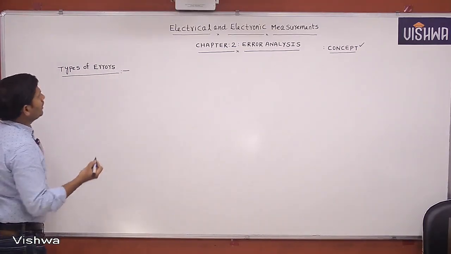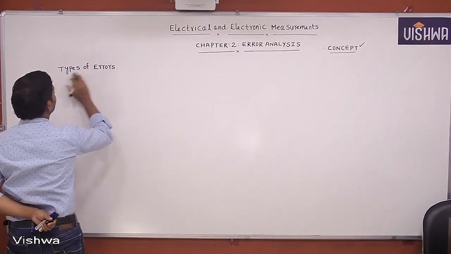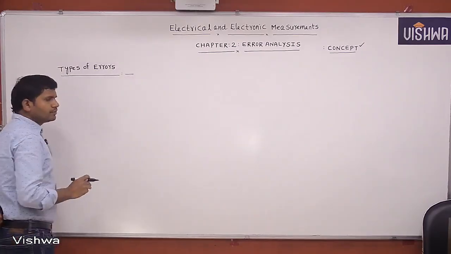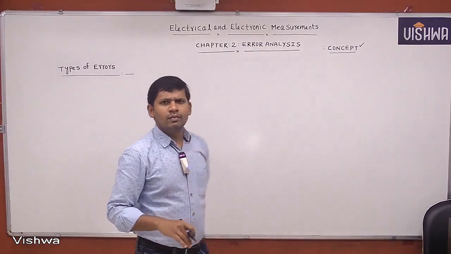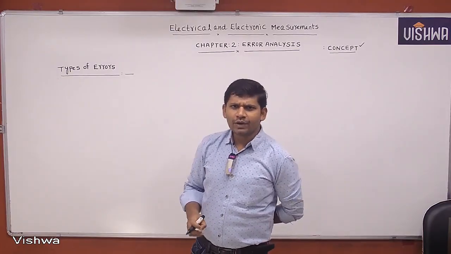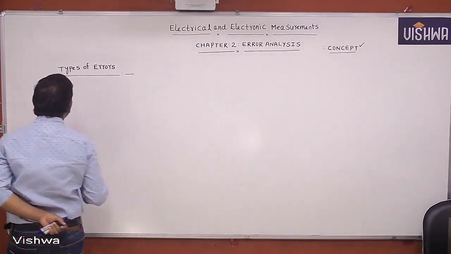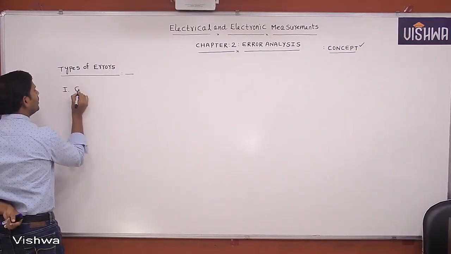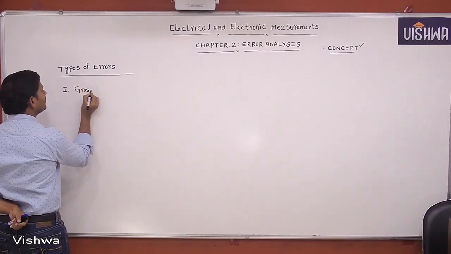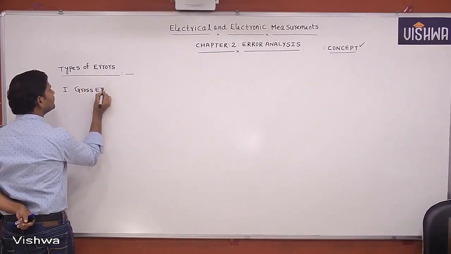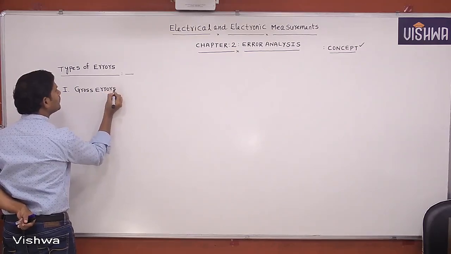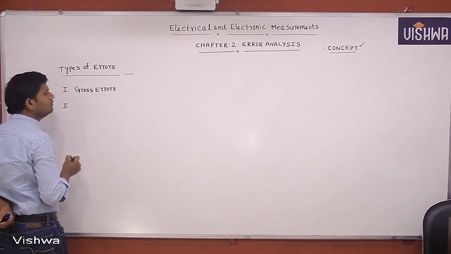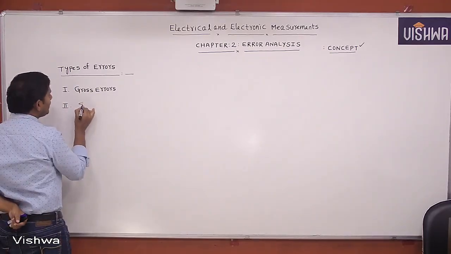In this I am discussing the types of errors. In general, the errors are broadly classified into three types. One is gross errors. Another one is systematic errors.